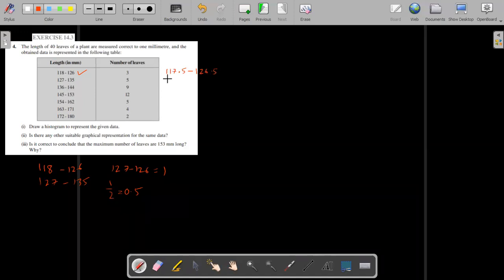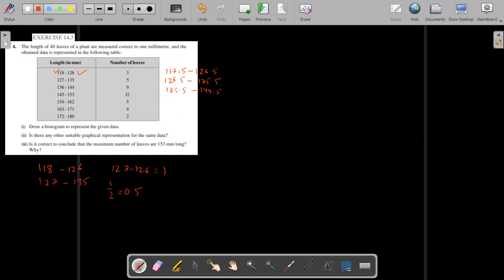You have to make this table again: 117.5 to 126.5, then 126.5 to 135.5, then 135.5 to 144.5. 0.5 everywhere. For the first number you subtract 0.5, then the same number you repeat.